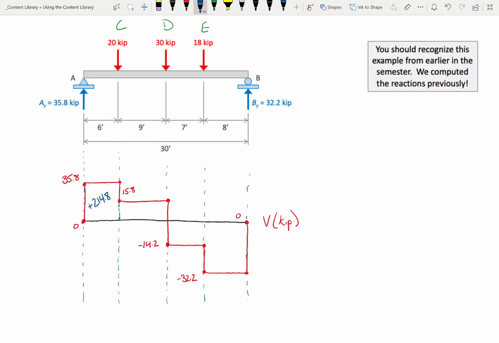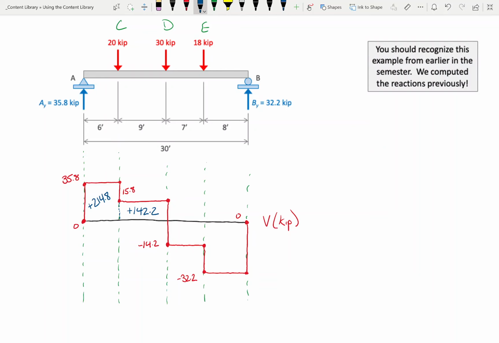What about the next one? What's the area of this second rectangle? 15.8 times 9, and what is that? Okay. What about this third one right here?